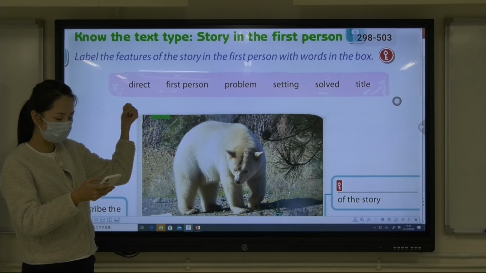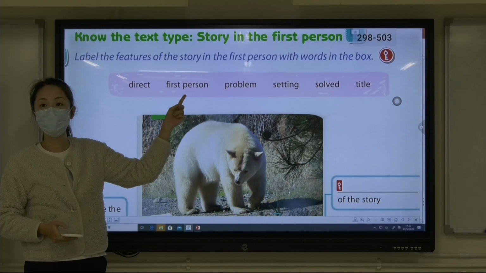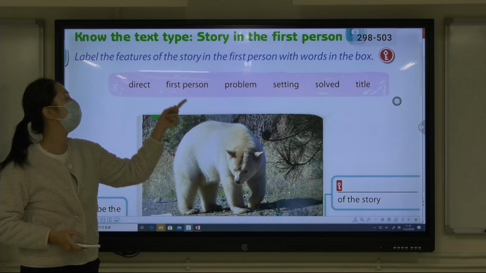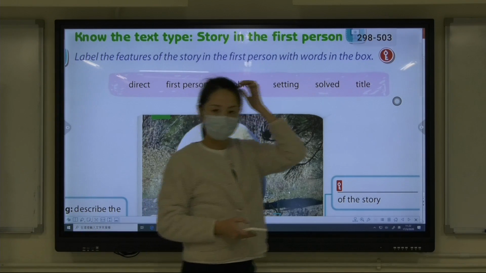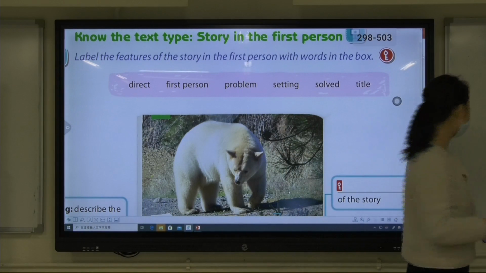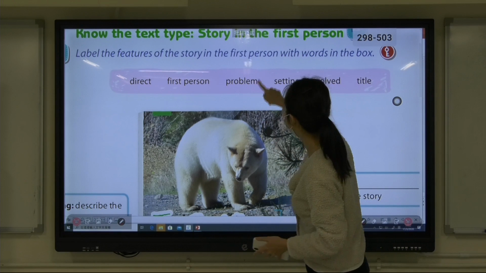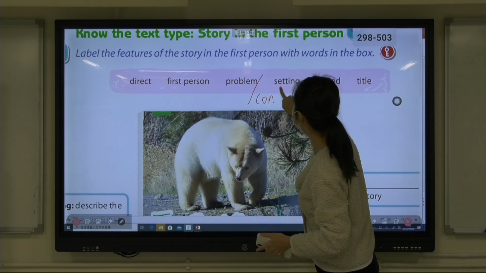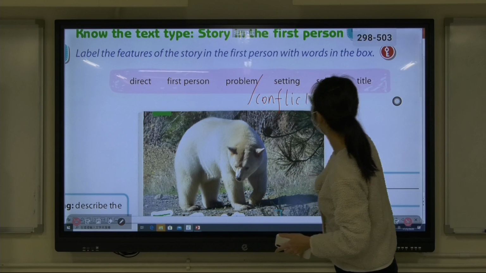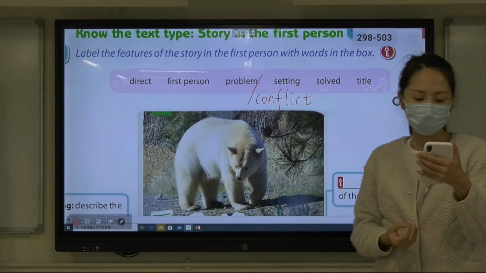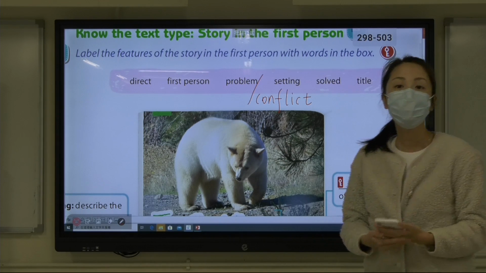And then first person, I think most of you know the meaning. And then problem. We also use another word called conflict. Write down this word as well, conflict. And then setting.